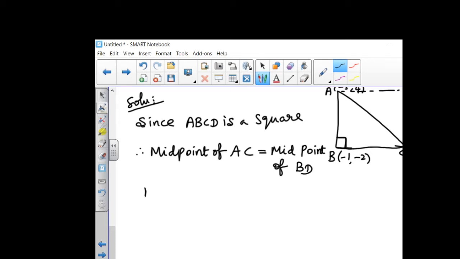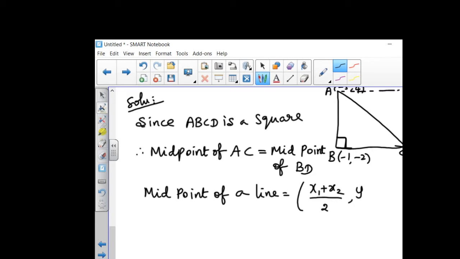What is that? Midpoint of a line is equal to x1 plus x2 by 2 comma y1 plus y2 by 2. Okay, so you can apply the conditions. What is A point?